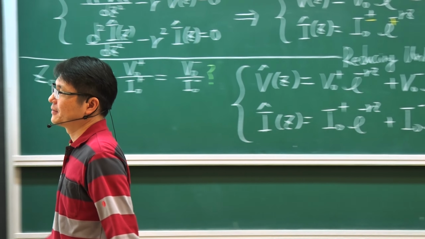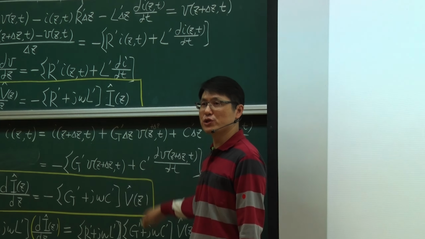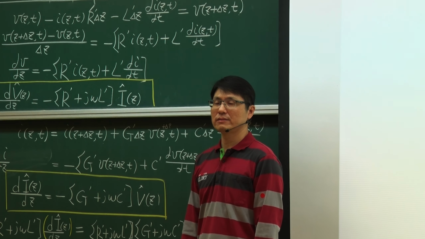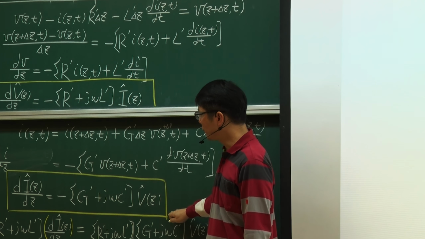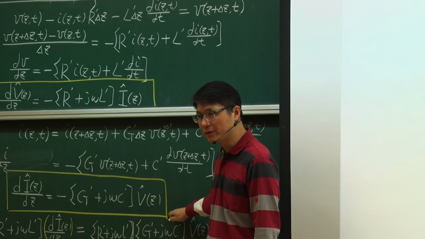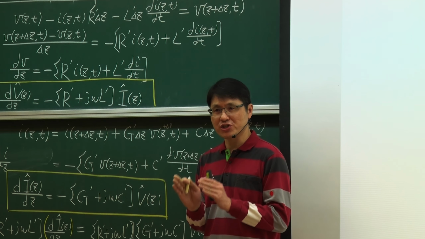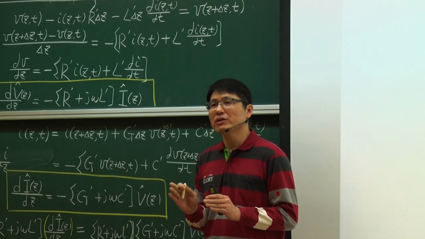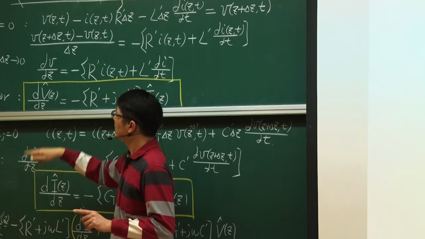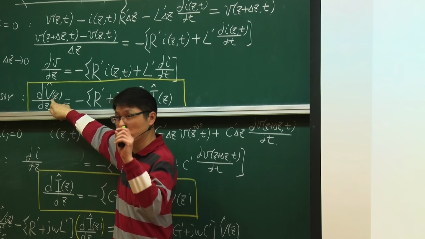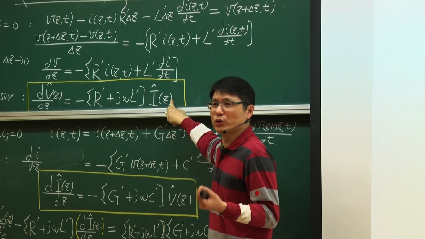Let's come back to the initial two equations, the one derived from KVL, the one derived from KCL. These two are very important. These are the starting equations. Initially, we didn't like them because on one side, I have voltage, which is to be solved, but on the other side, I have current, also to be solved.